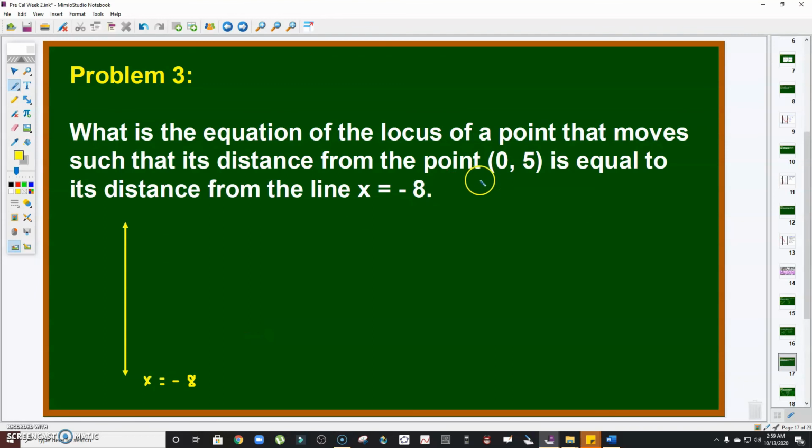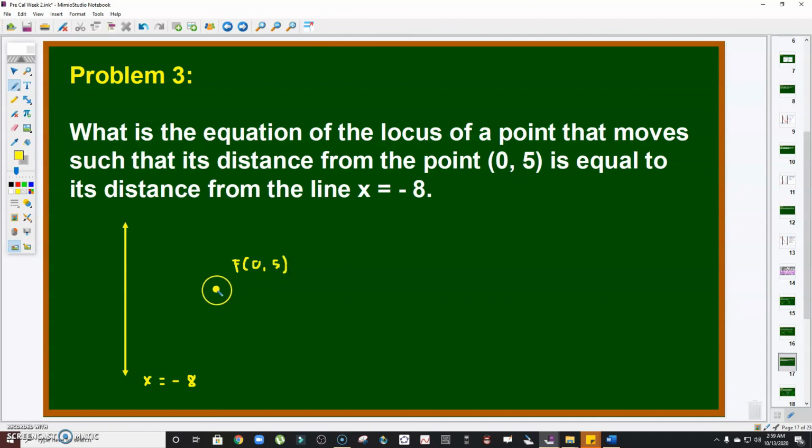Now, next, yung (0, 5), it is the focus. Okay, ang (0, 5) can be found to the right of the line x equals negative 8, right? Let me label it. So, this is my focus, (0, 5). Now, what's the implication of this?